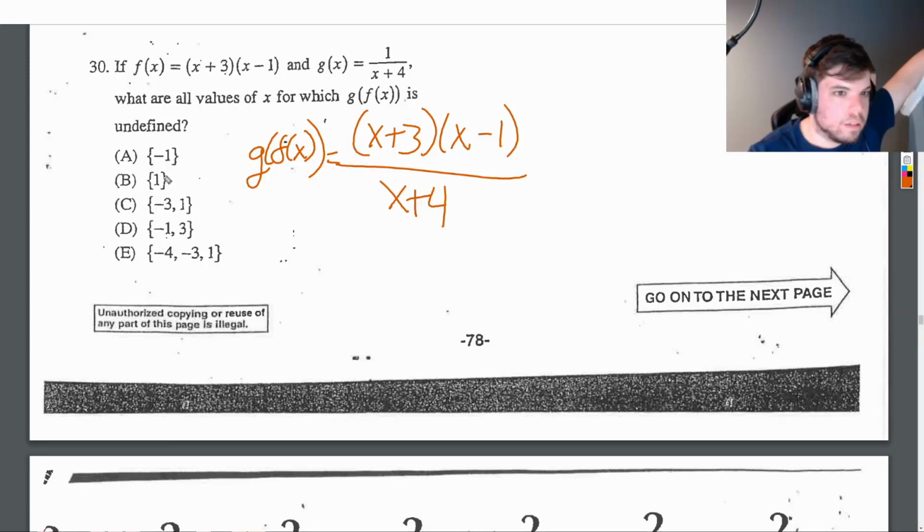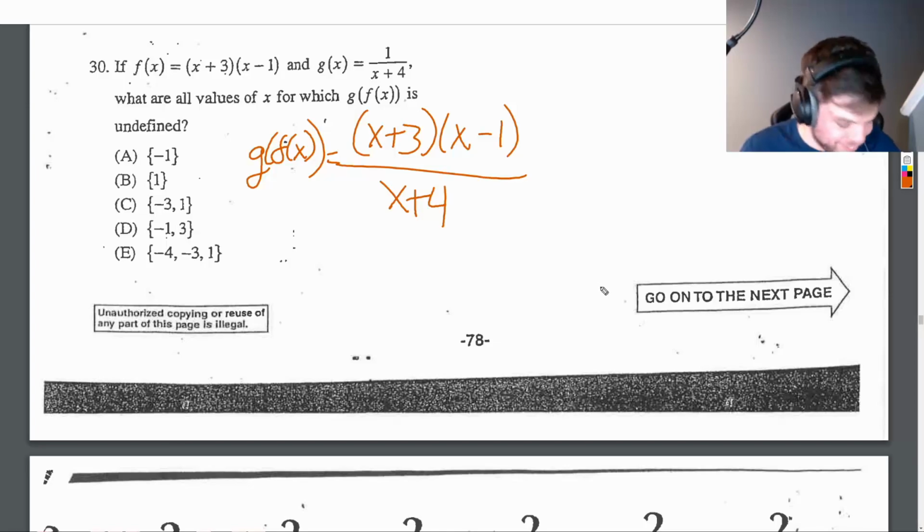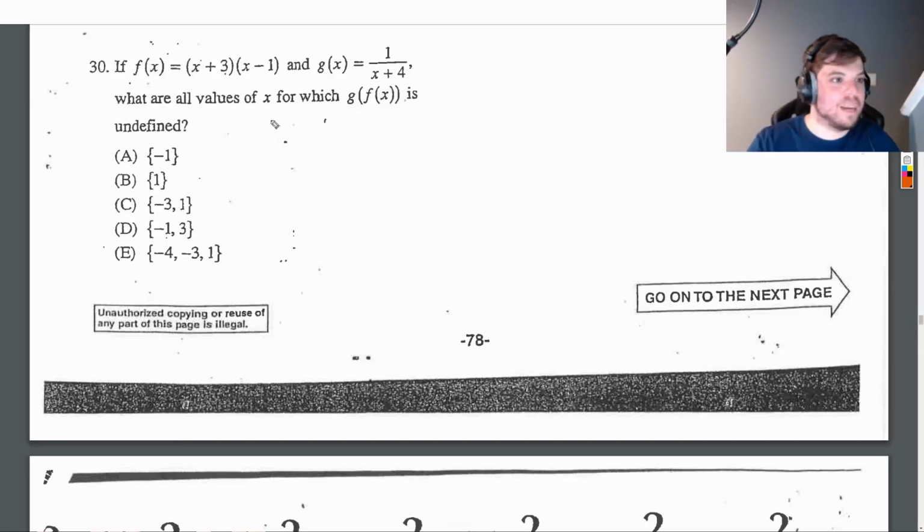Why would it be? Oh, I am doing this problem completely wrong. Let's just get rid of that, pretend that never happened. So g of f of x is not what I just wrote. I just did f of x times g of x. Speaking of people who don't know how to do composition of functions.